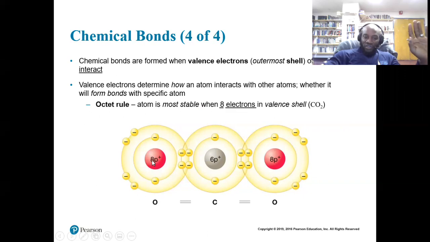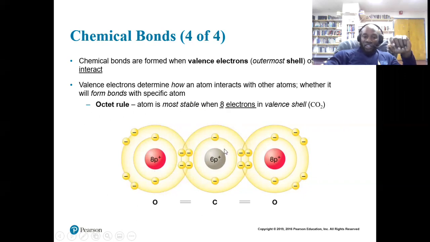Oxygen has 8 electrons, 6 in its outer shell. So since oxygen has 6 in its outer shell, it's going to want 2 more to get to this magic number 8. 8 is considered most stable.